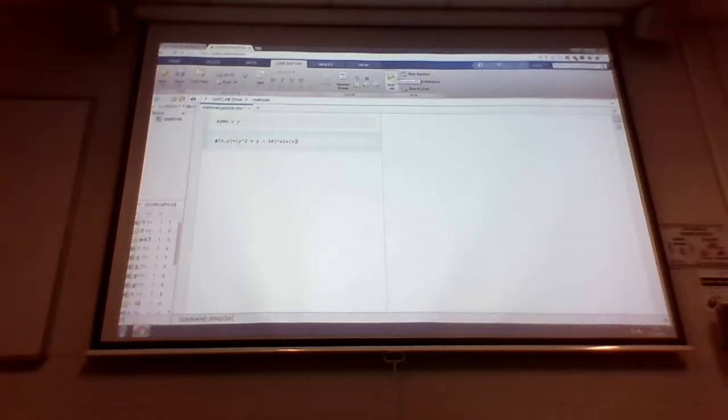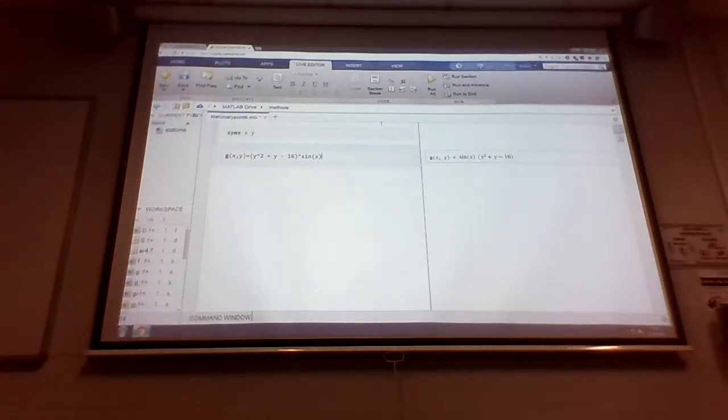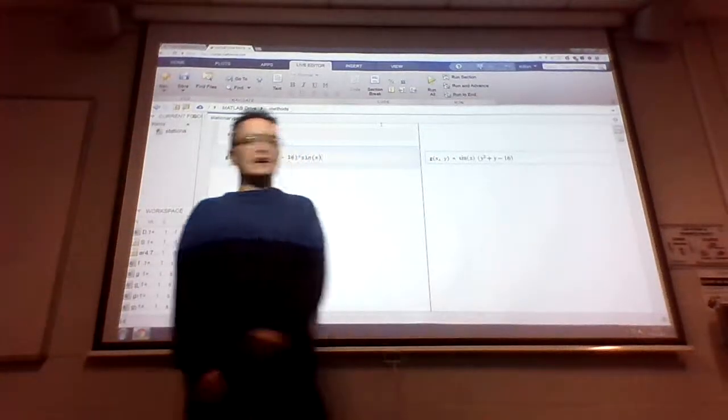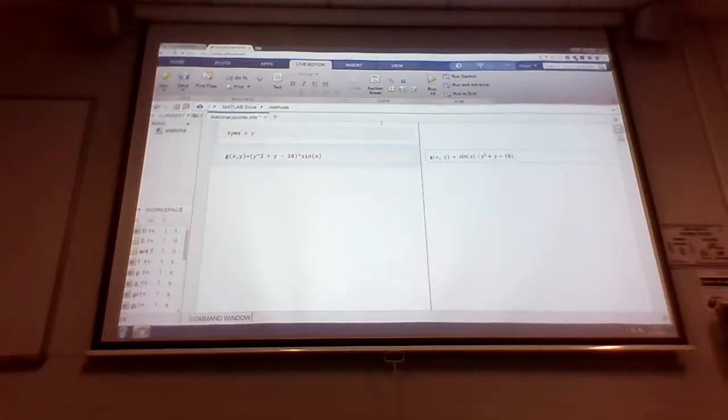Now, is this big enough for everybody to see? Everybody see that? Or should I reduce it? Okay. So we define the function g of xy. We see the output from the definition.